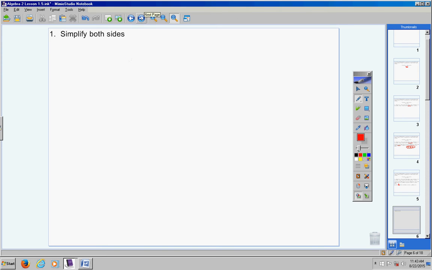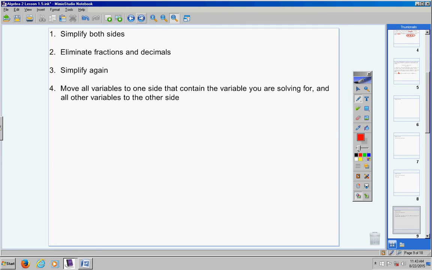Simplify both sides. Eliminate fractions and decimals. Simplify both sides again. Move all variables. Now here's a little different. Notice it doesn't say move all constant terms to one side and variable terms. Copy this down carefully. Move all variables. That should be terms. Sorry guys, I'm having a consistently bad day. Sorry.